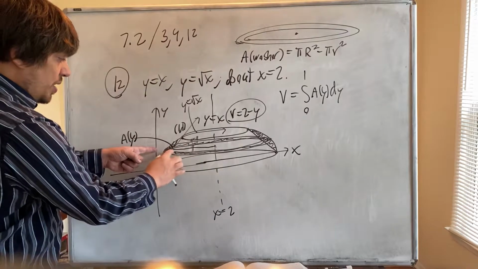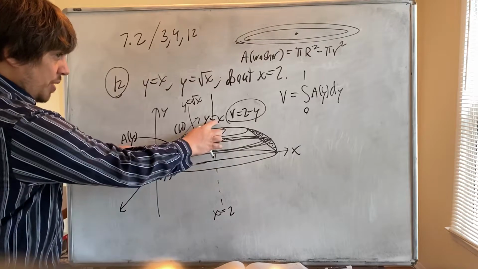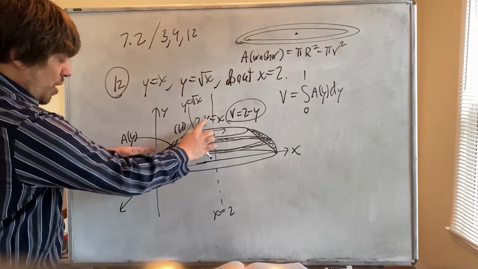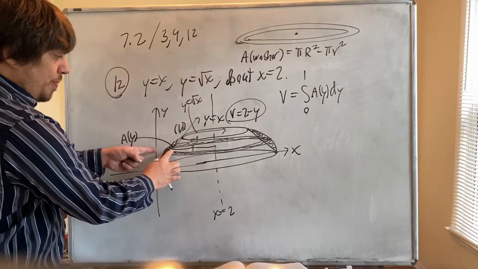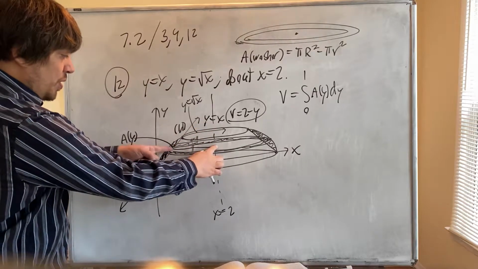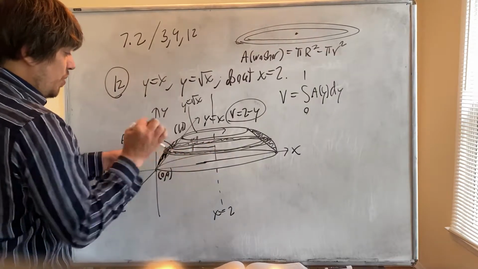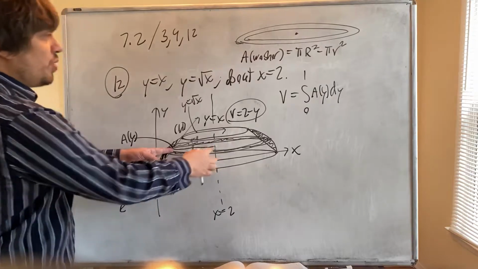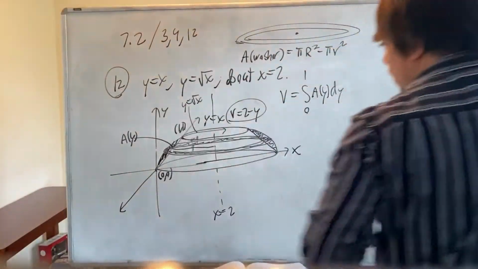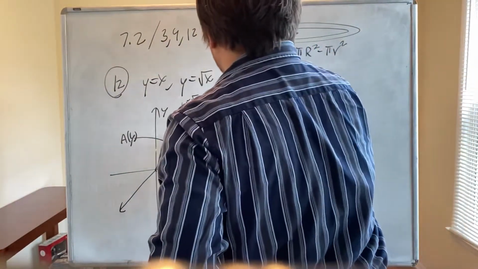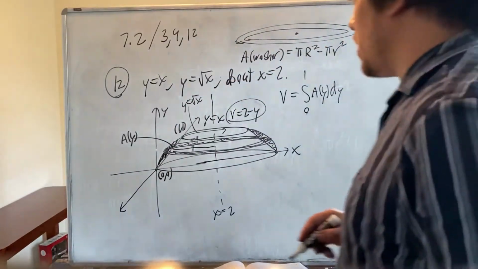This is the x distance of a point on the line y equals x. The x distance is y. So that's y, the whole thing is 2, and what's left is 2 minus y. So the radius of the smaller washer, little r, is equal to 2 minus y.